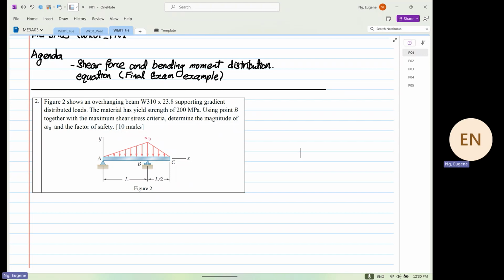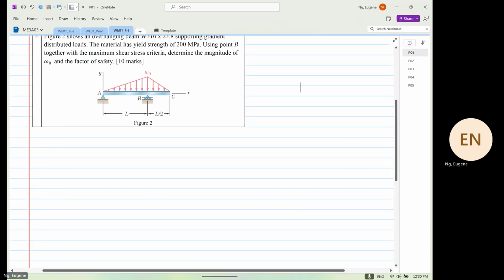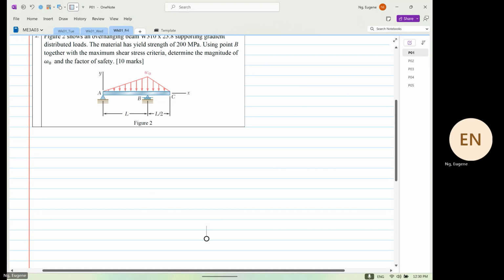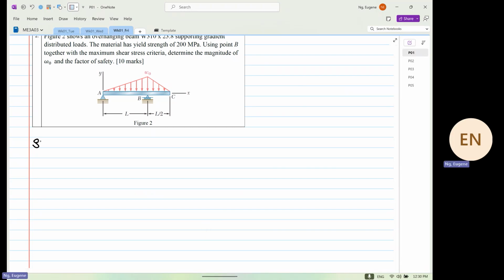Now we know that shear force can be either positive or negative. Am I right? So when you sketch your shear force diagram, we have our x-axis and y-axis.